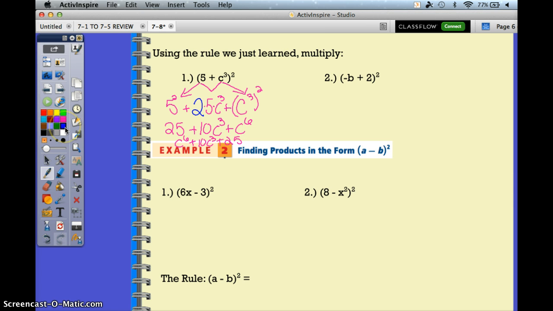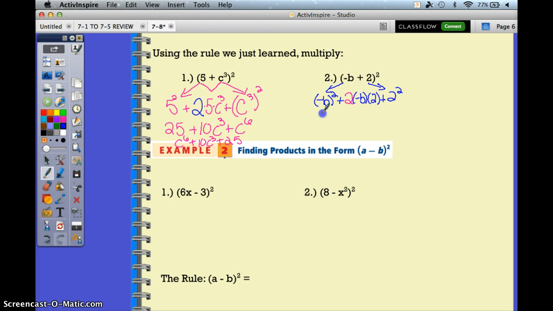Let's try number 2. If I square my b now, remember negative b is inside parentheses, so it's negative b quantity squared, 2 squared, plus, now we multiply our two middle terms twice, 2 times negative b times 2.